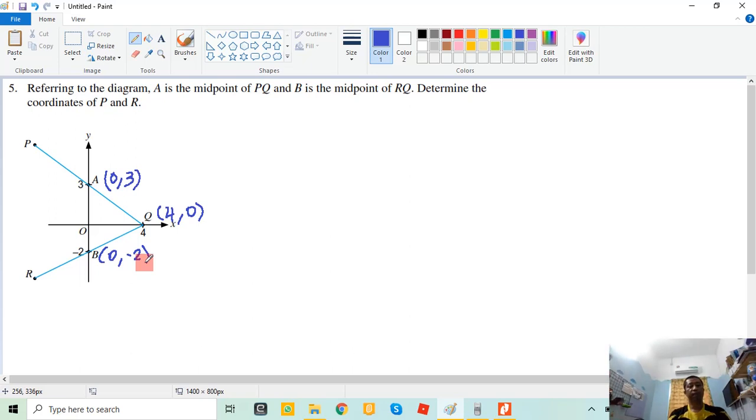Now we want to find the value of P. Remember the formula.